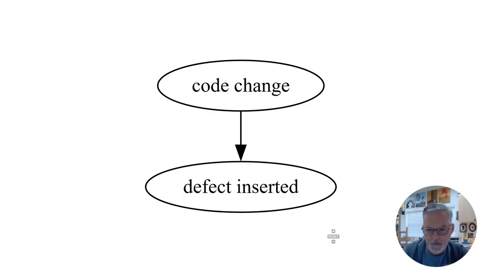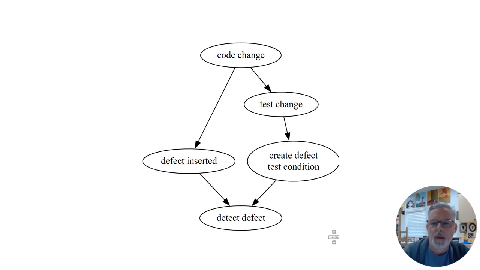This relationship is described in this diagram with an arrow between the two, where an arrow implies that the more of the first thing at the beginning of the arrow, the more of the second thing at the end of the arrow. So as code changes grow, so do defect inserts grow to some proportion or ratio.